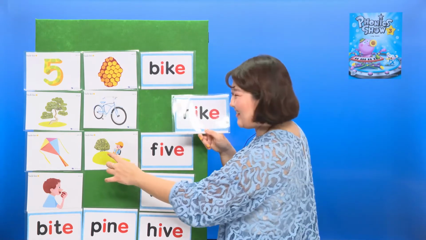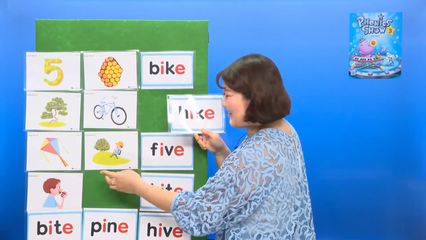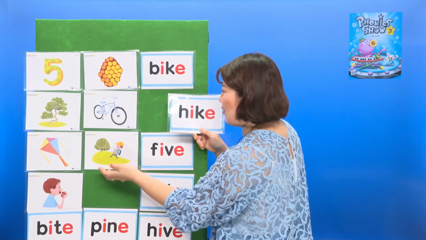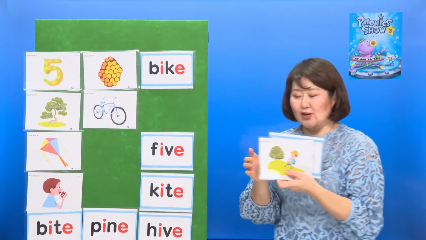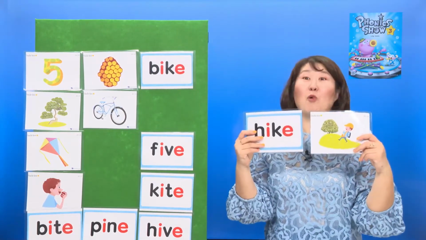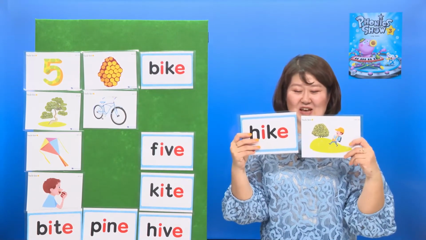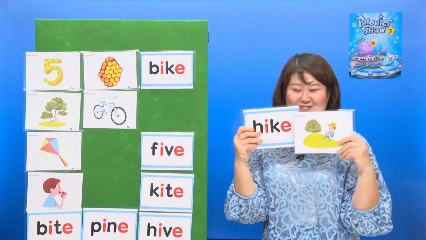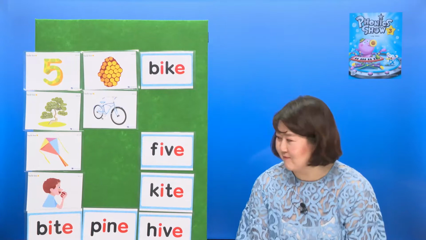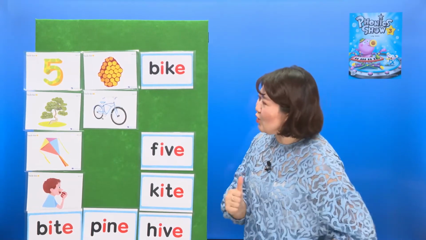Is that right? Then hike. Excellent, everyone. I'm so proud of all of you guys. You did a great job. Perfect match? Yes. Then am I going to keep these two cards? Yes, right? Good, everyone.